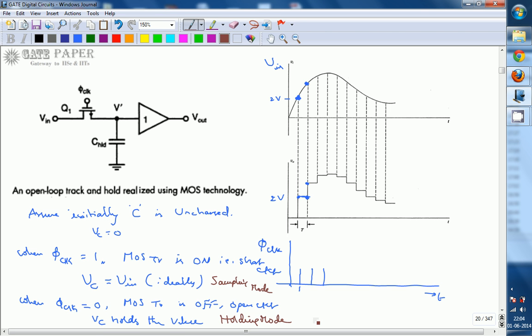Okay, now this is what we are interested in. This is C hold, the hold capacitor. Since during holding mode the capacitor has to hold the stored charge, it is named C hold. If you increase the hold capacitor value, what happens to acquisition time, and what happens to droop rate?